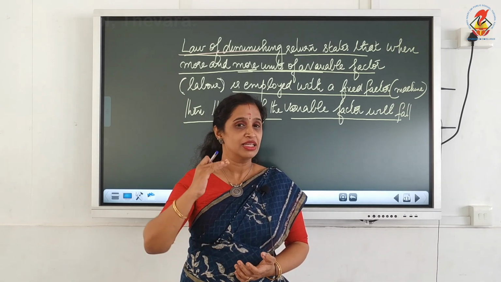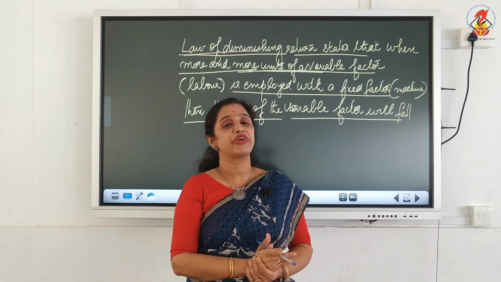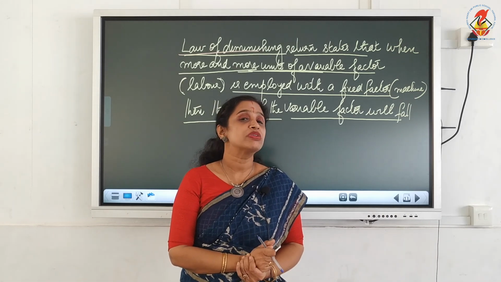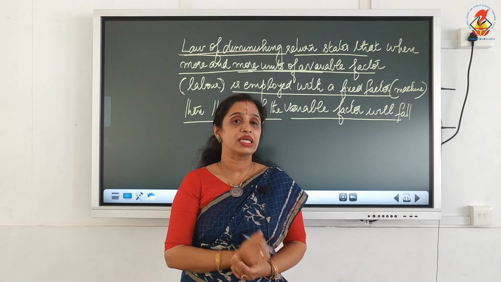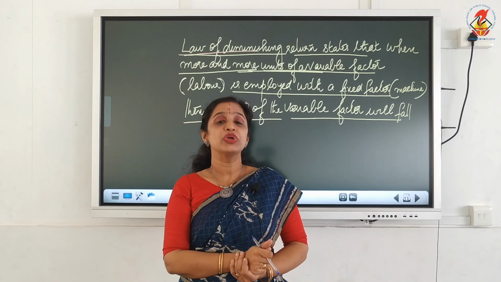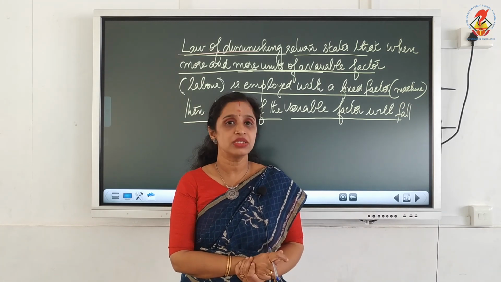So what should that business producer actually do? He has to increase all the variable factors. That is what I explained to you when I defined the variable factor and the long run, isn't it?